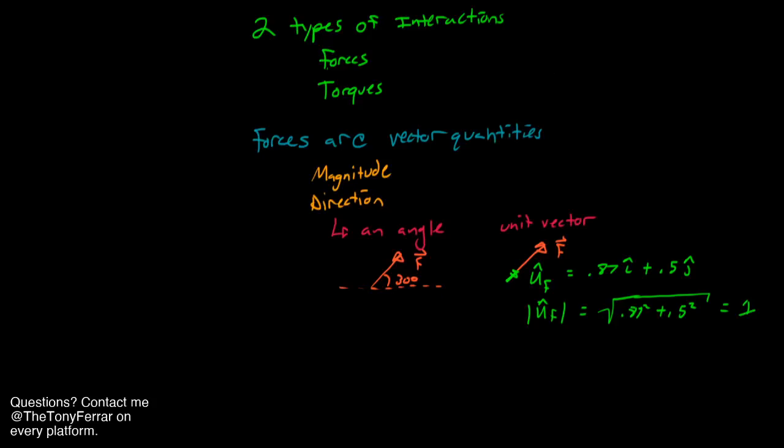We're going to write force vectors using 3 different notations, and you should get comfortable using all 3. And not only that, you should get comfortable converting a force expressed in one form to another. The reason for this is that in different circumstances, each of these forms is going to be the most convenient for solving a problem.